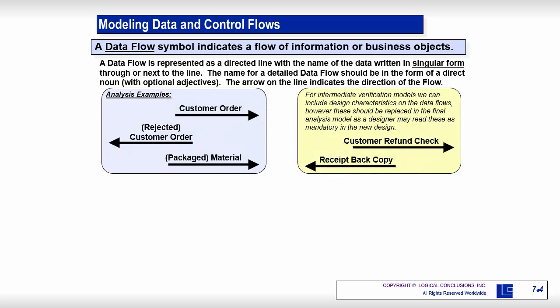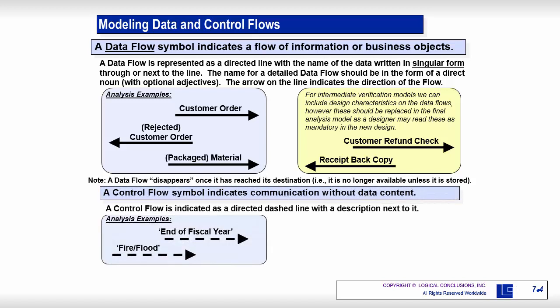For intermediate analysis models, we can include design characteristics on the data flows such as customer refund check or receipt back copy. However, these should be replaced in the final analysis model, as a new designer may read these as mandatory in the new design. I always teach that a data flow disappears, just like spoken words do, once it's reached its destination, such as a process. In other words, it's no longer available unless it's stored.